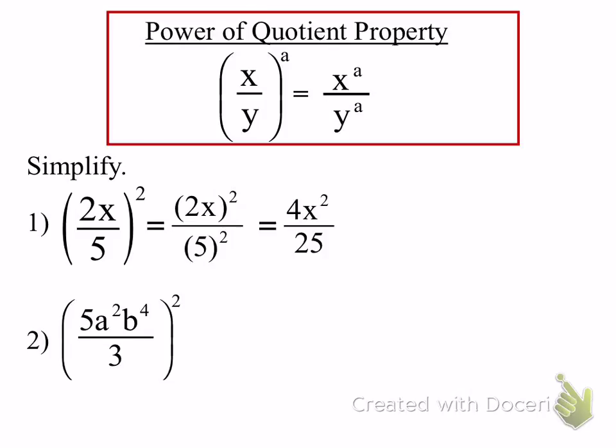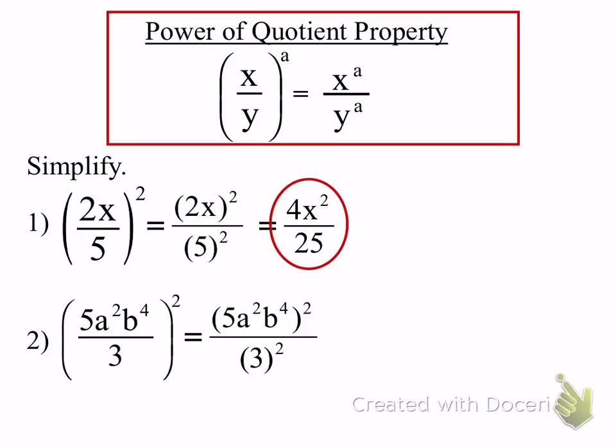Perfect. Over 25. And 5 is squared. Up here, everything is to the second power. 5 is squared. A squared times the power of 2. B to the 4th times the power of 2. And 3 is squared. So we get 25, A to the 4th, B to the 8th, over 9.